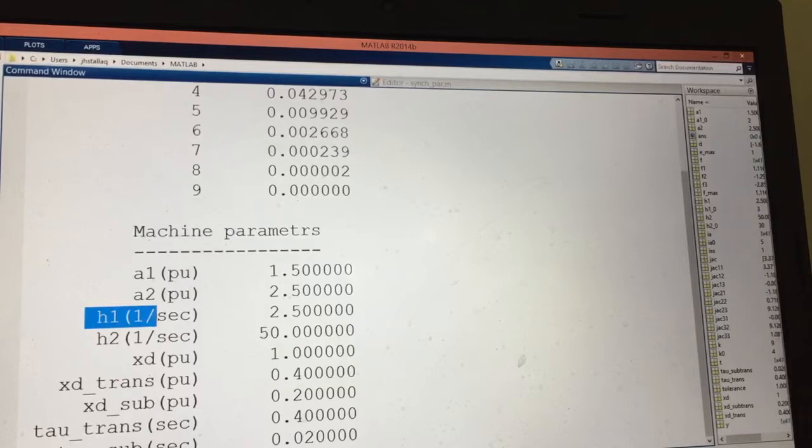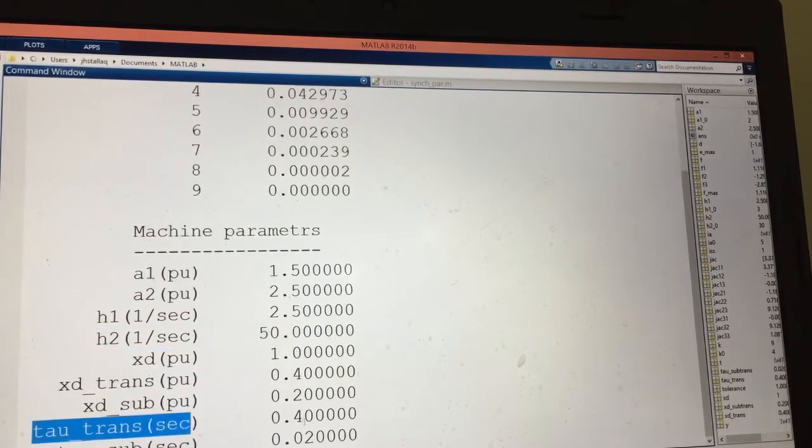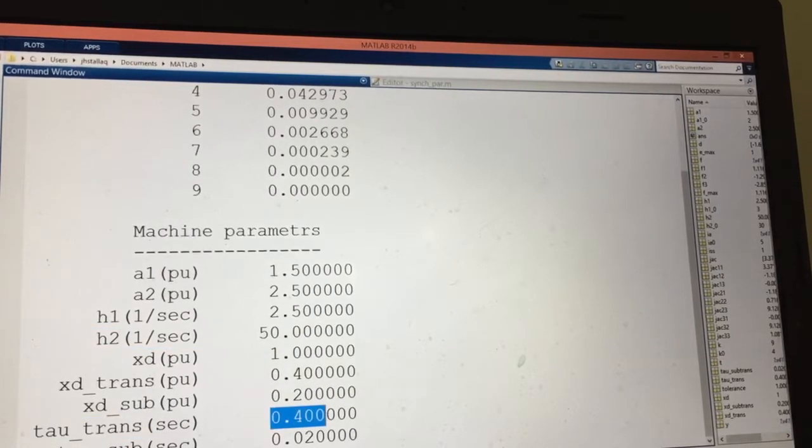H1 is 2.5. H2. 1 over H1 will give us the tau transient, which is 0.4. 1 over H2 will give us the tau subtransient, which is 0.02.